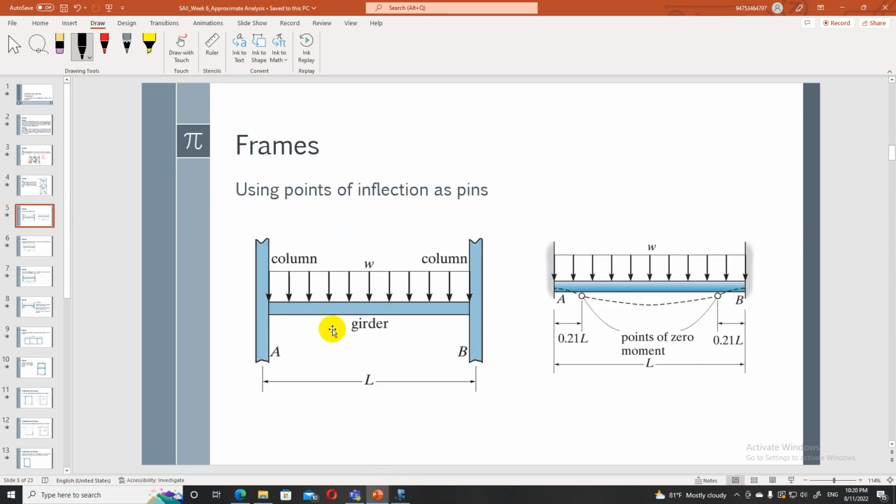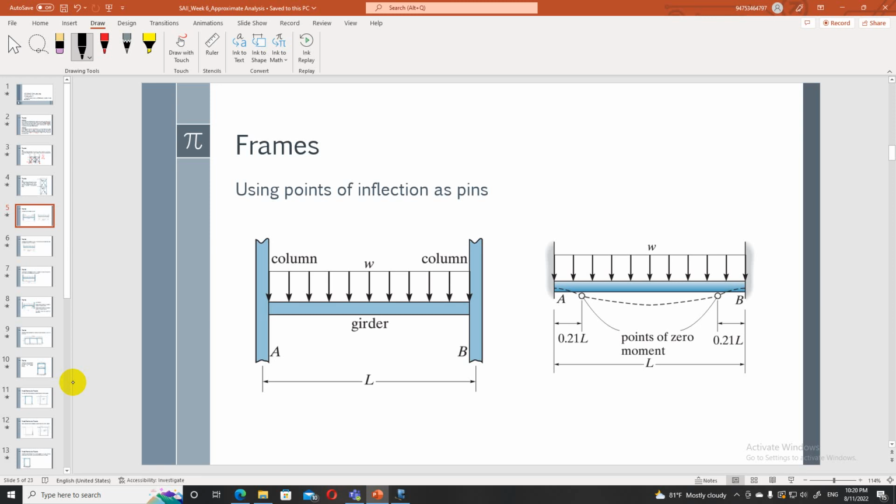Then frames. In frames, we use points of inflection as pin joints. If you have a frame like that and a load is acting on it, there will be a point of inflection, where the moment will be 0.